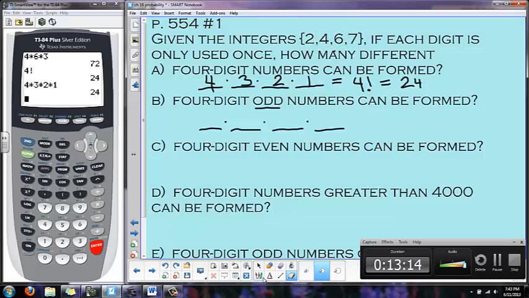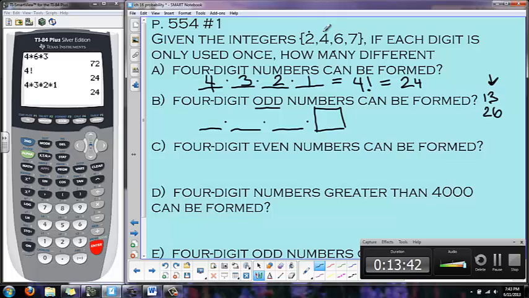Well, clearly you know that the number 13 is odd, but the number 26 is not odd. That's even. So how are you telling the difference? You're telling the difference by taking a look at that last digit. If that last digit is even, then the whole thing is even. If that last digit is odd, then the whole thing is odd. So if I want to make an odd number, this last digit right here has to be an odd number itself.